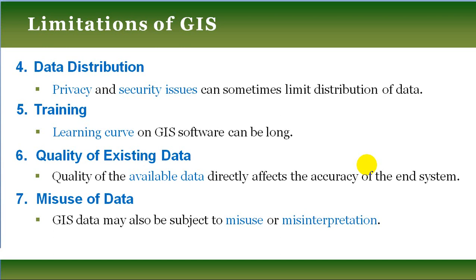And regarding misuse, I can give you one example. In West Bengal, a lot of agencies are preparing land use, land cover maps. So there is data duplicacy. Two or three government agencies, each in their own organization, are going to prepare the land use, land cover data.